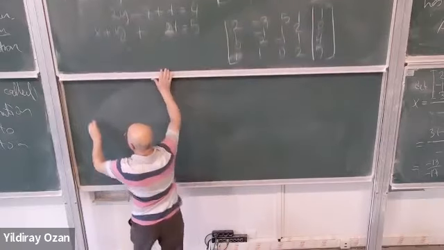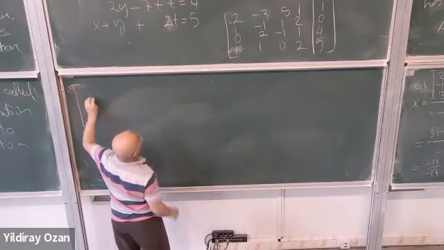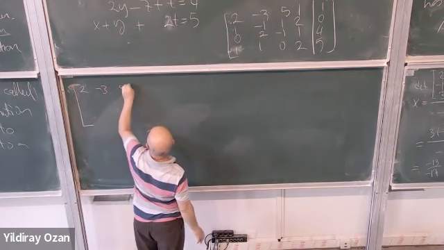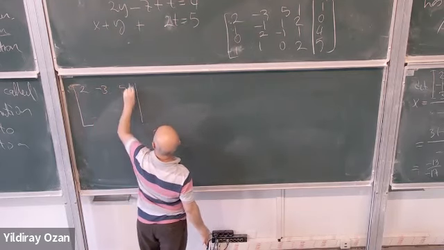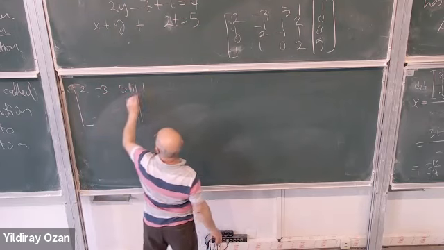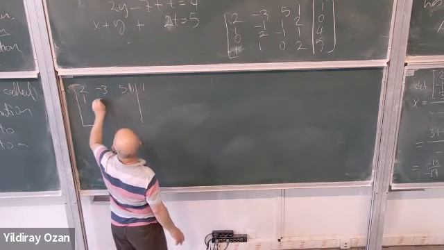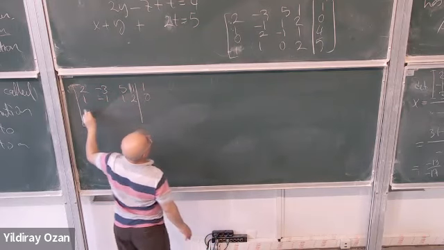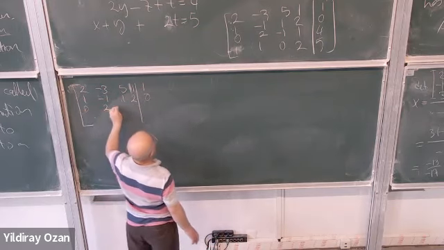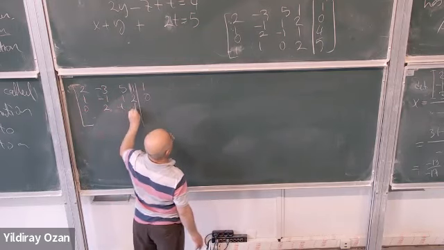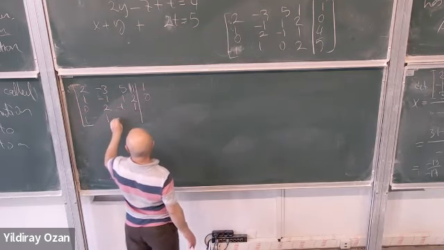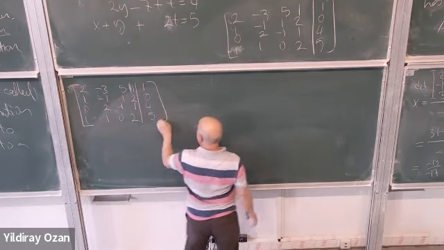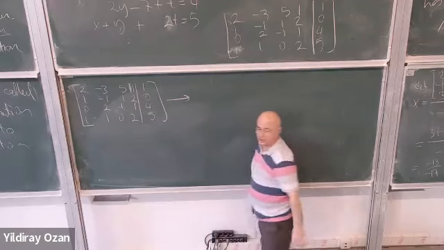Let me write this system again. So 2, -3, 5, 1 and then 1 here; 1, -1, 1, 2, 0; 0, 2, -1, 1, 4; 1, 1, 0, 2, and then 5. And then I'll do my operations.